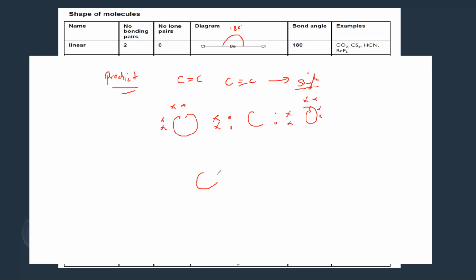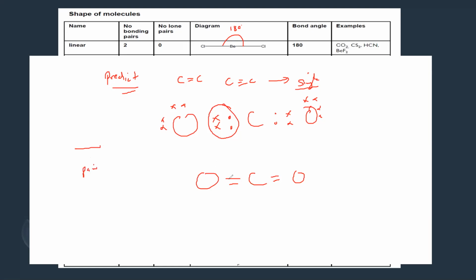So the geometry will be O double bonded with C and then O. If the question is to predict the geometry, and double bonds or triple bonds are there, you will consider that as one bond. One bond means two electrons or one pair.